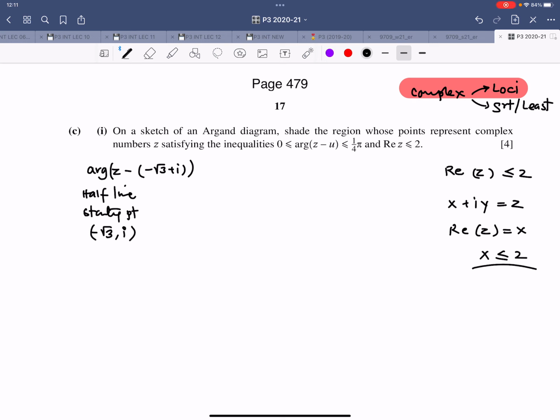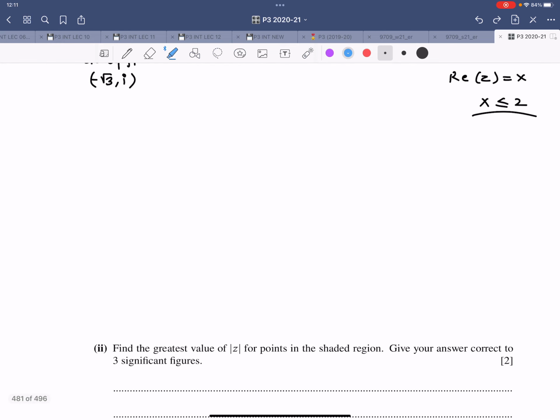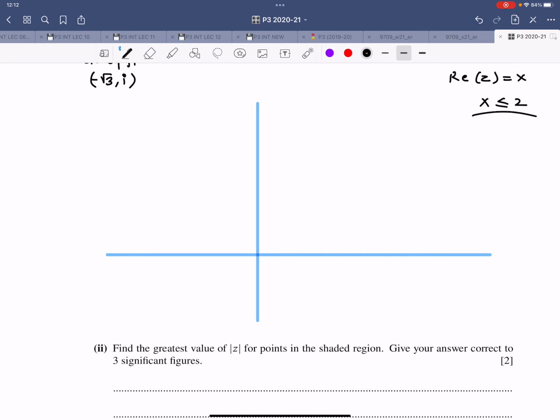So let's get started. That is the line like this, and since they would be asking for the greatest value, let me draw a big one, something like this. And this is negative root 3 somewhere here, and this is i somewhere here. This is the real part, this is the imaginary part, and somewhere here is 2.